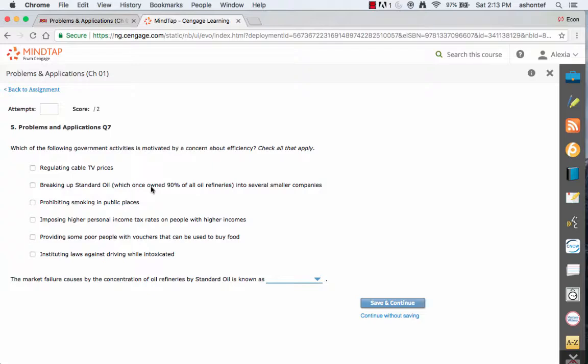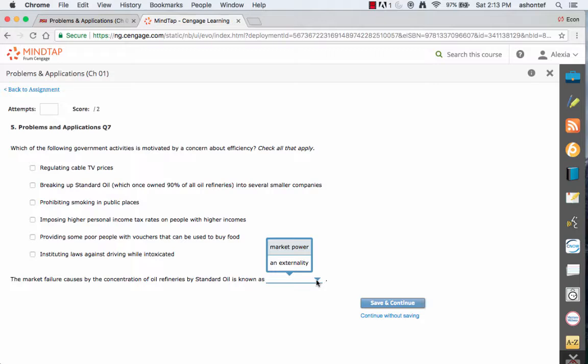And then the last part says the market failure caused by the concentration of oil refineries by Standard Oil is known as, and I'm just going to give you the answer to this. That's going to be called market power. So this is more of a microeconomic type of idea.